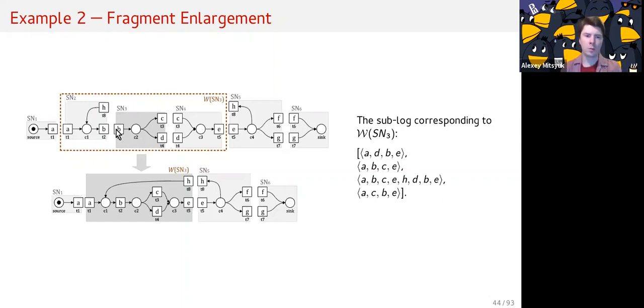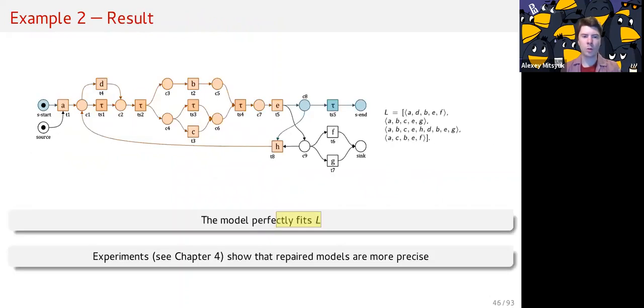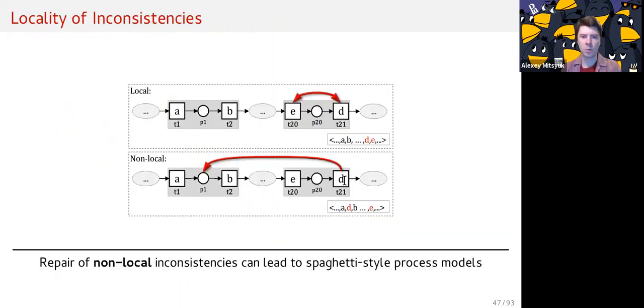So when, for example, we swap transitions in one fragment, that is fine. But what if transitions are swapped between fragments?